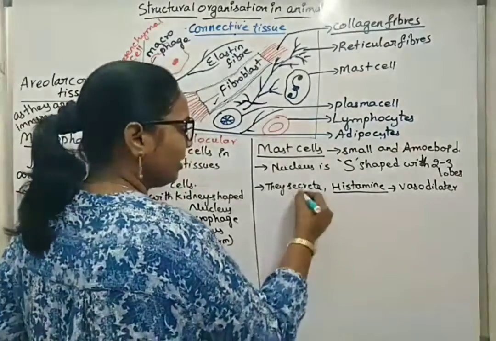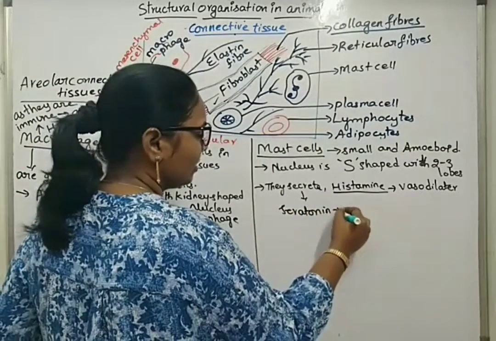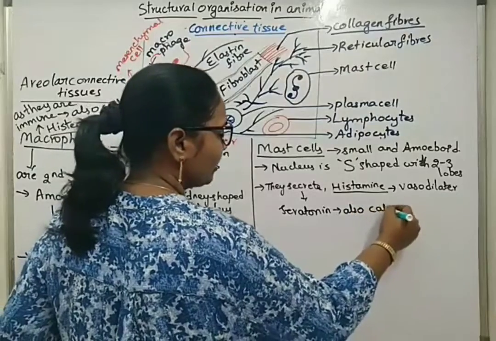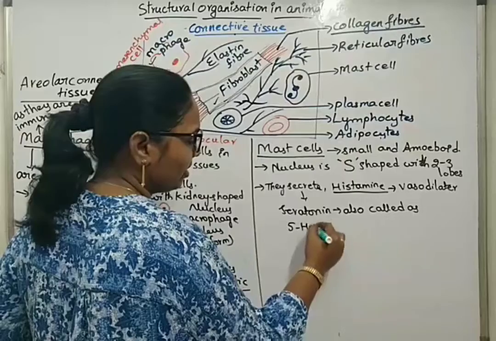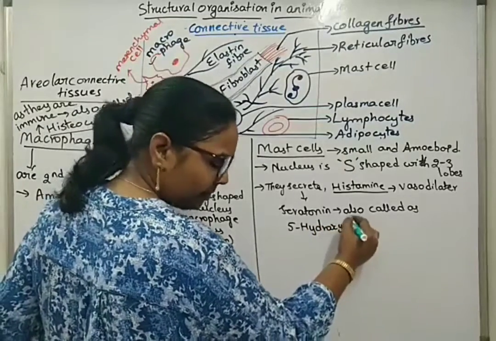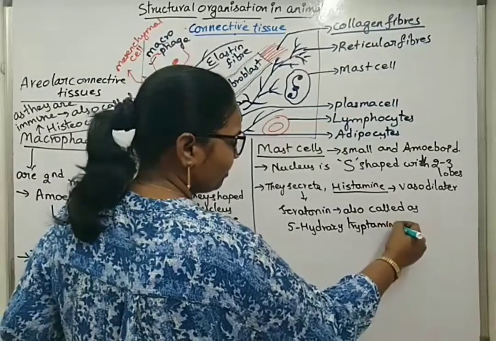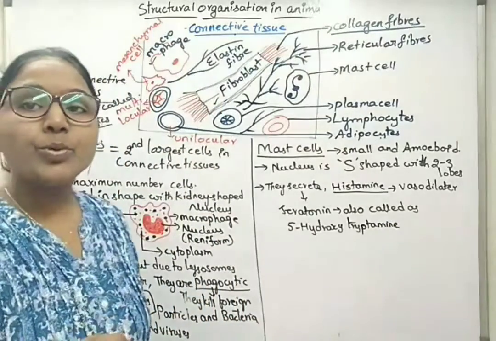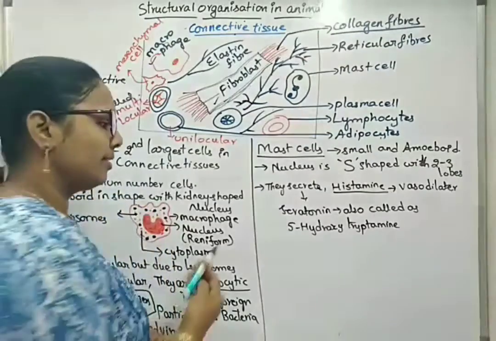Next, they secrete serotonin. Serotonin also called as 5-hydroxytryptamine. Serotonin is vasoconstrictor, means it supports in contraction of the blood vessels like this.